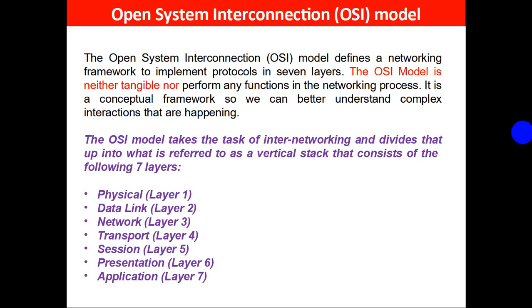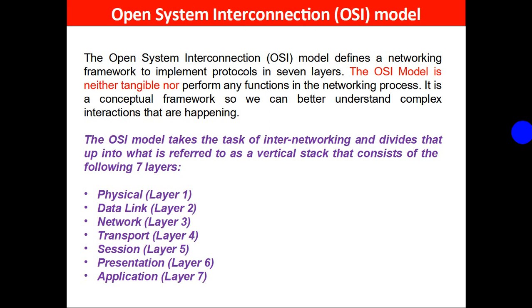First topic is the Open Systems Interconnection, also known as the OSI model. The OSI model defines a networking framework to implement protocols in 7 layers. The OSI model is neither tangible nor does it perform any functions in the networking process.